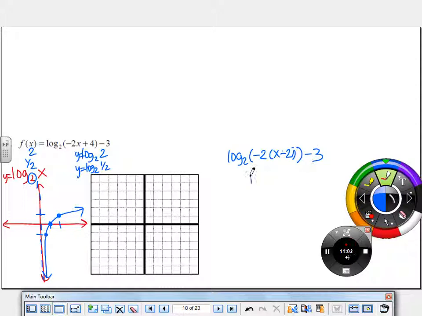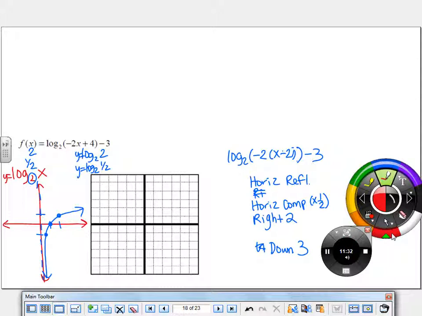So what I see here is a horizontal reflection because of the negative in the parentheses. Let me do my compression first. I see a horizontal compression because of the 2 that's multiplying in the parentheses. And then the -2 in the parentheses is going to cause a shift right 2. And then the last thing I'm going to do is move my whole graph down 3.